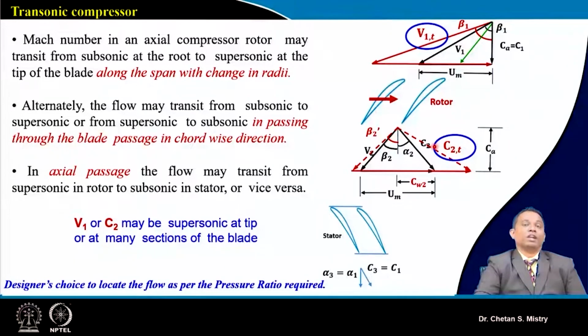So the definition of a transonic compressor is not only based on what is happening at the entry, but on how the transition happens from subsonic to supersonic or from supersonic to subsonic; that is what defines this compressor to be a transonic compressor.